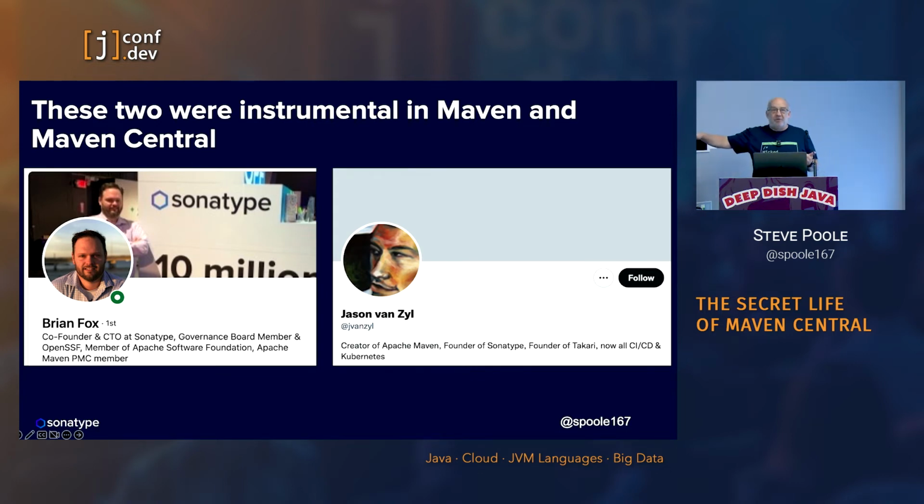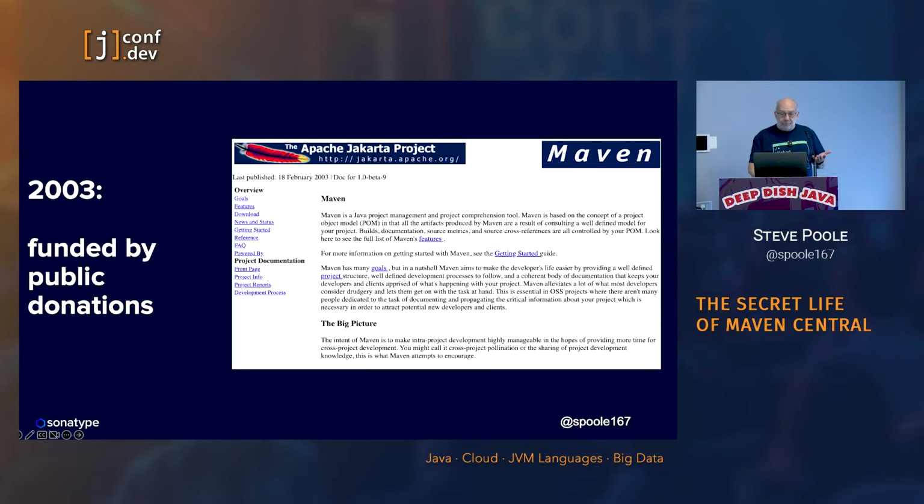And in fact, they're also instrumental in creating Maven, the tool itself. So a very open source beginning for Maven Central. These people got together, they figured out we needed the build tools, and we also needed a repository system. So that's what they did. All open source. By 2003, already up and running, funded by public donations, one place, Maven and Maven Central, we were all in one place.